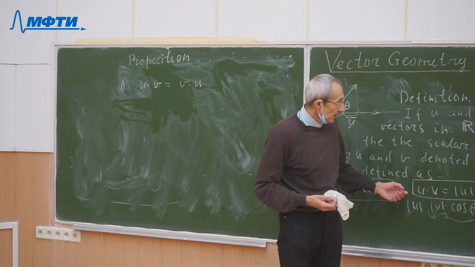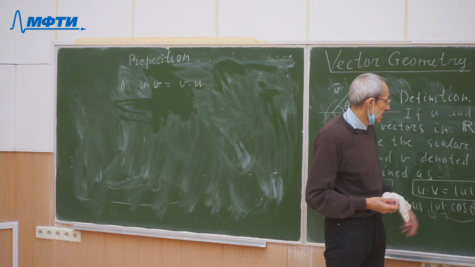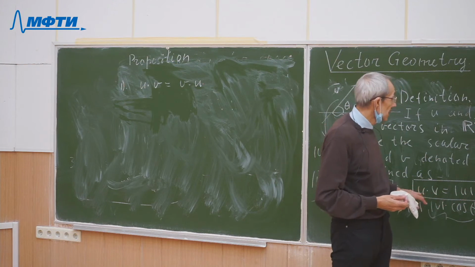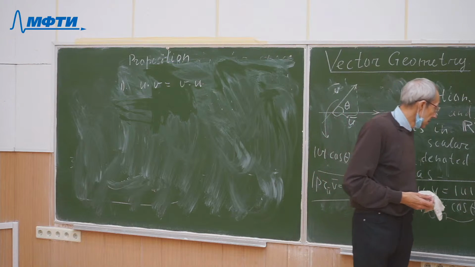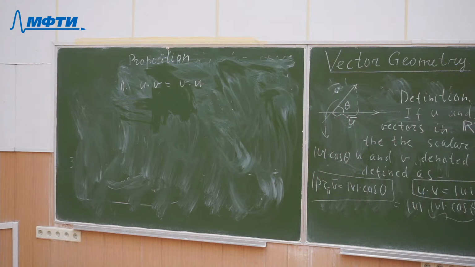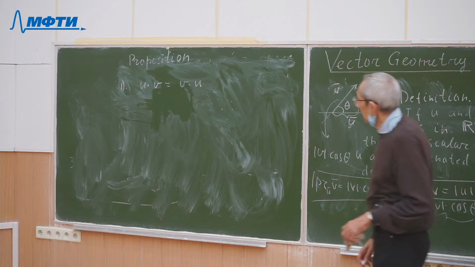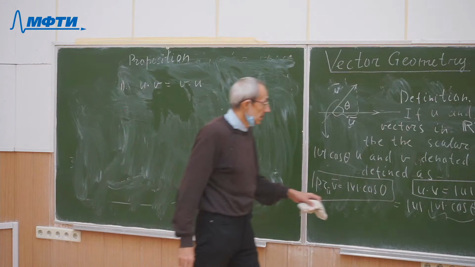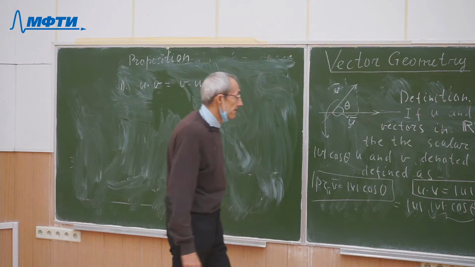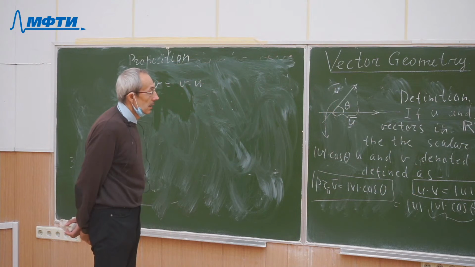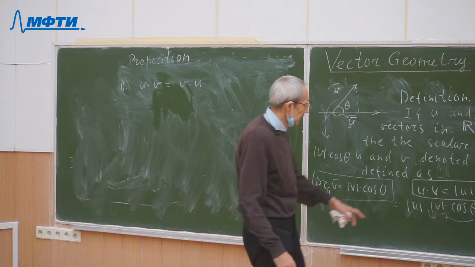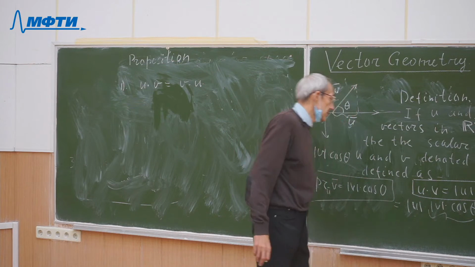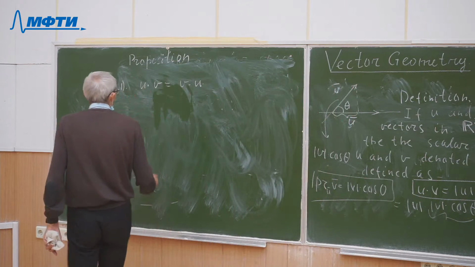If we change the order of vectors in the scalar product, the scalar product will be the same after the transposition of the vectors u and v.